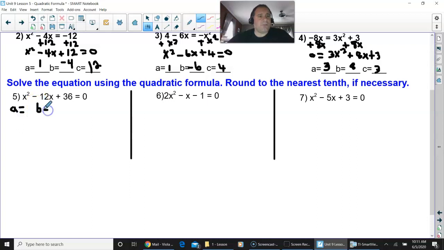So don't forget to do that. So you have A, B, and C, and you're going to label them 1, negative 12, and 36. And that's about it. Just go ahead and use that quadratic formula. You can try that problem. You can press pause now.